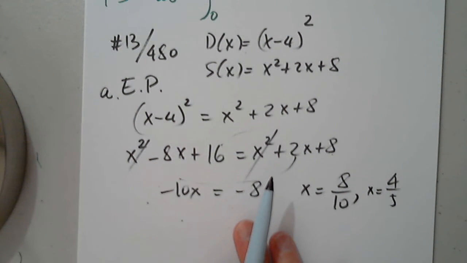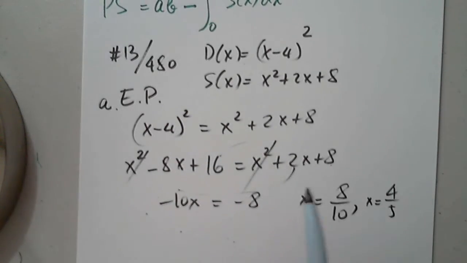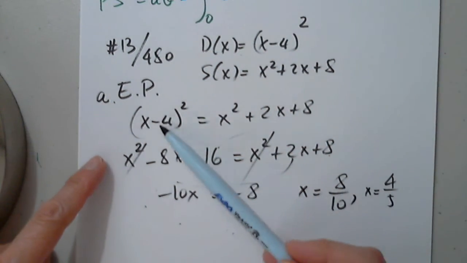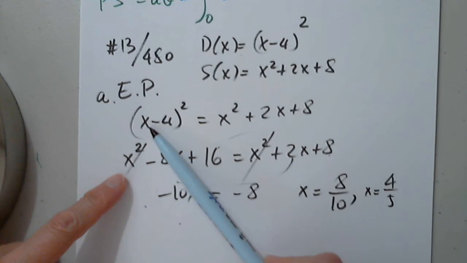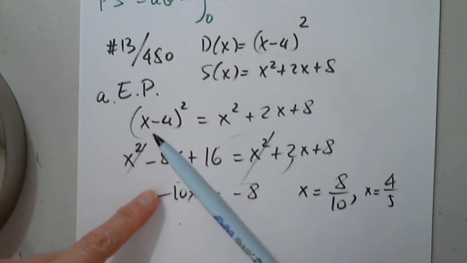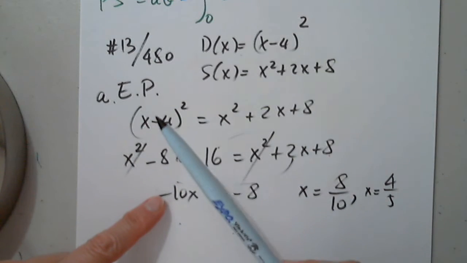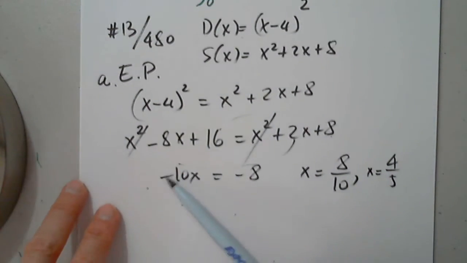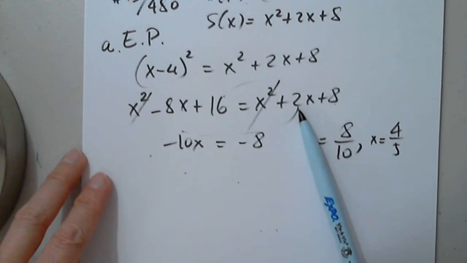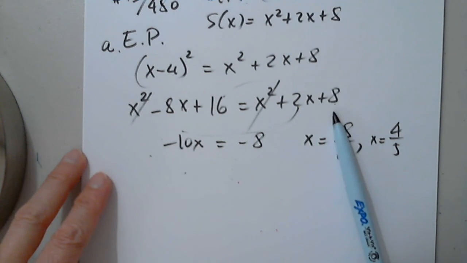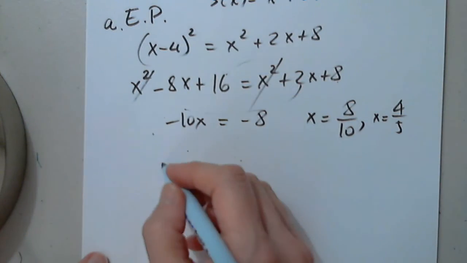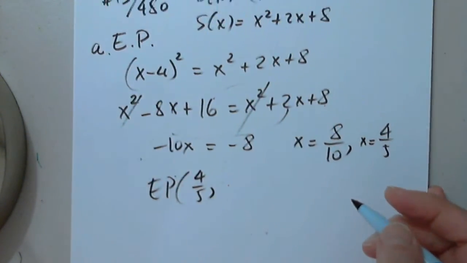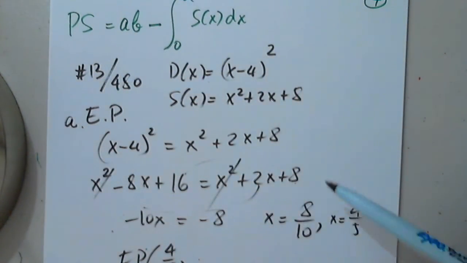I don't have any idea of what to expect, but let me just check one more time. I was hoping for a nicer number, but it is what it is. First term squared minus 2 times the first times the second plus the second term squared, and x squared plus 2x plus 8. So these two go away. I have negative 10x and I have negative 8. That's what it is. So the equilibrium point is 4/5, comma, and I have to plug it back in.